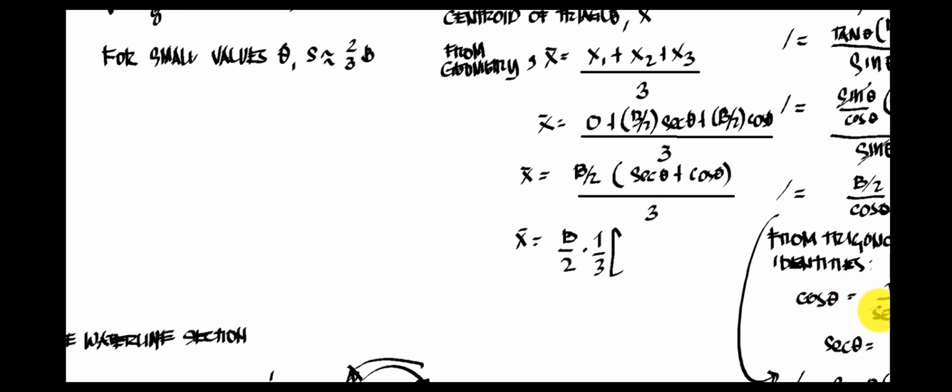Again looking at the trigonometric identities, secant theta is equal to 1 over cosine theta, so we have 1 over cosine of theta plus the cosine of theta.